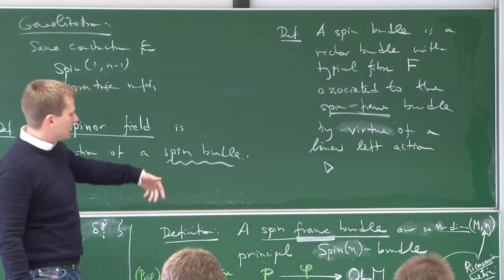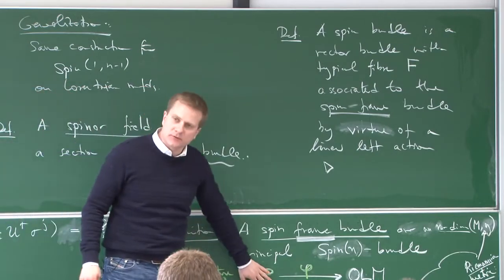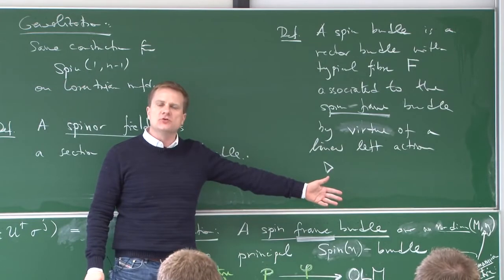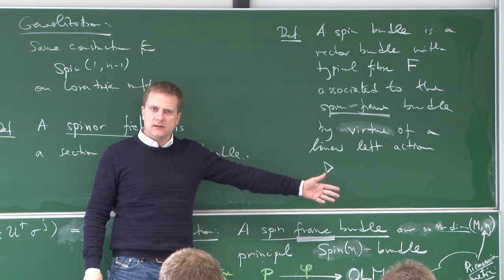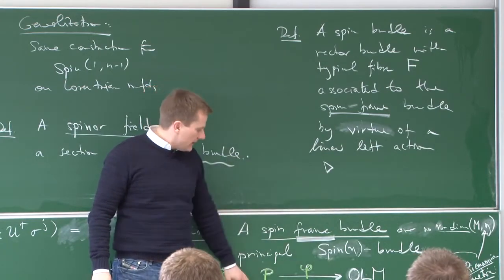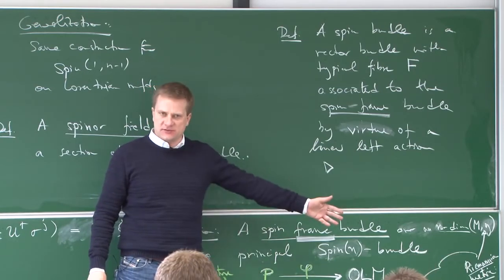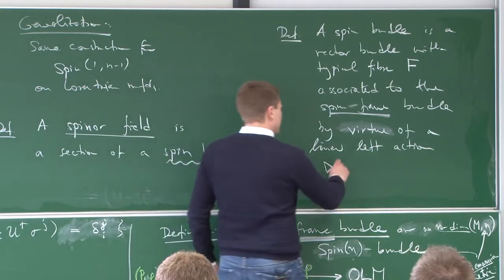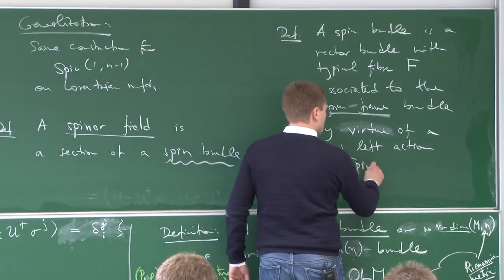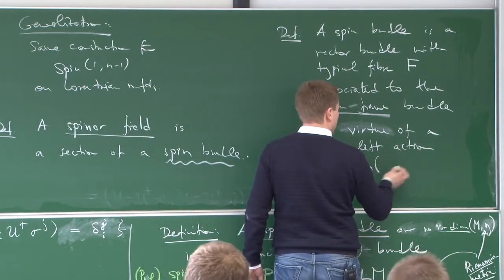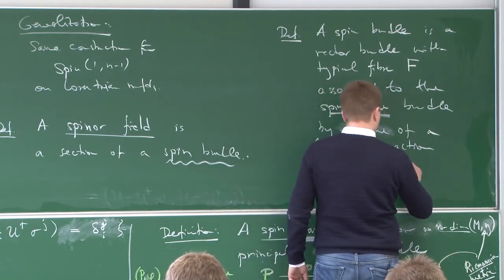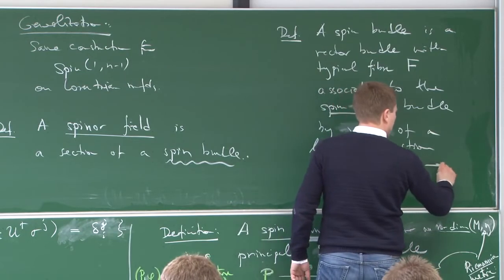Now, if you have a principal bundle, you can write down an associated bundle if you provide a left action on the fibers you want to have. By a left action, well, a left action of the spin group that you have here, so whatever signature, on this fiber.